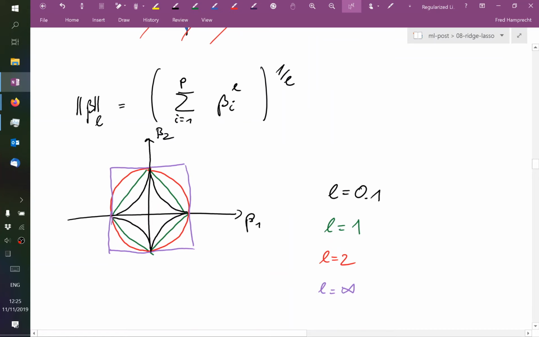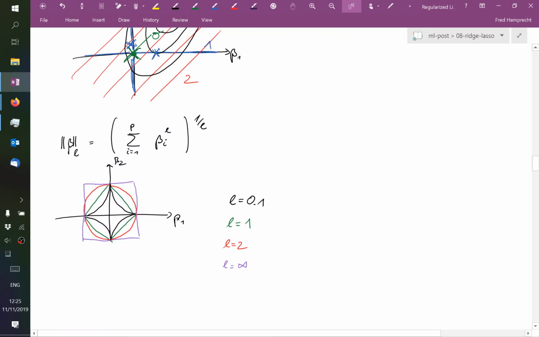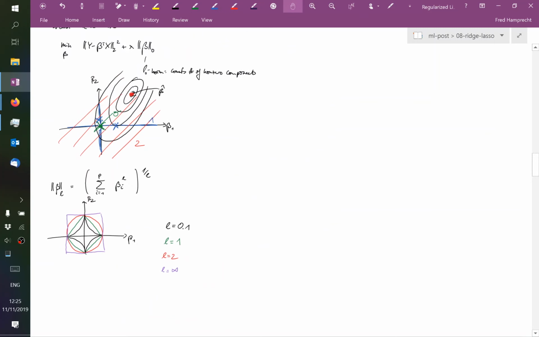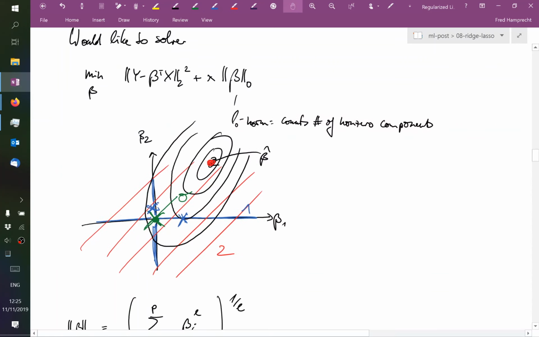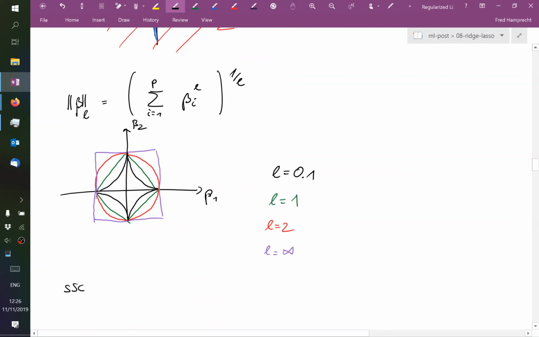Now let's stare again at our sum of squares. The sum of squares is y minus beta transpose x times y minus beta transpose x transpose.